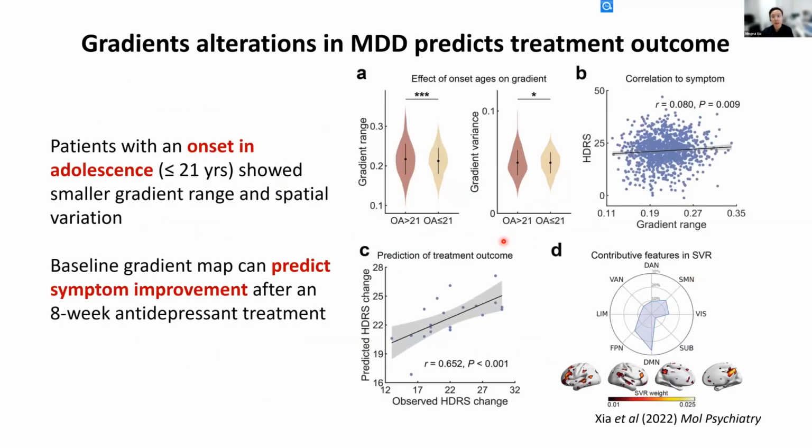We also found that patients with an onset in adolescence showed a more severe disturbance, suggesting an underdevelopment of the primary to transmodal gradient in adolescent patients. And the baseline gradient map can predict symptom improvement after an 8-week antidepressant treatment.